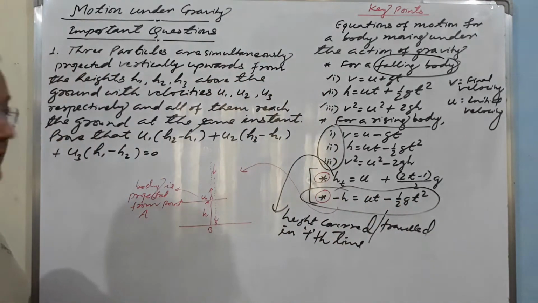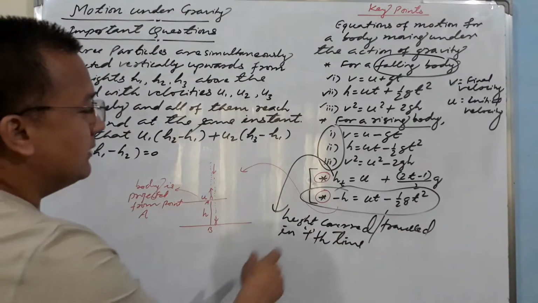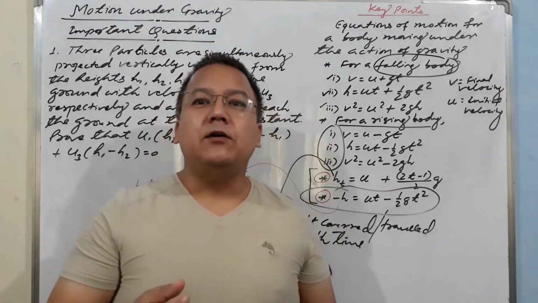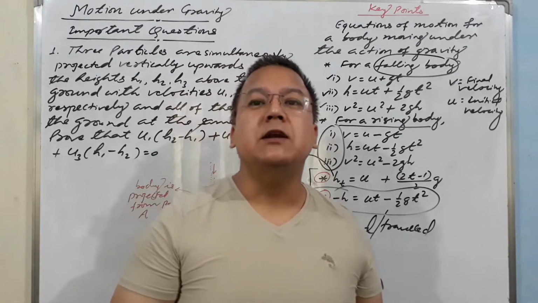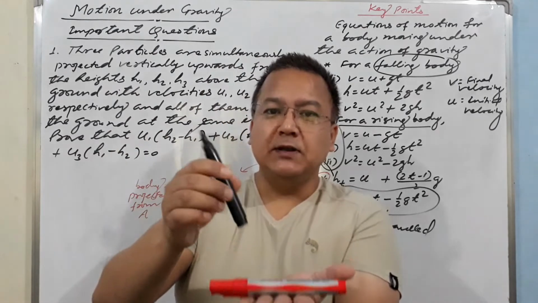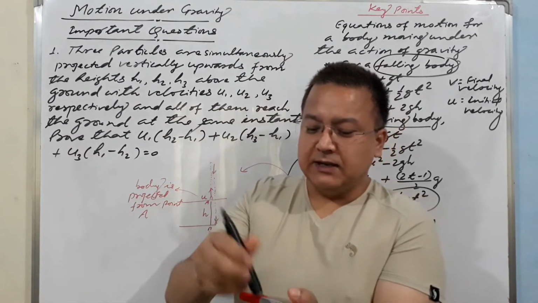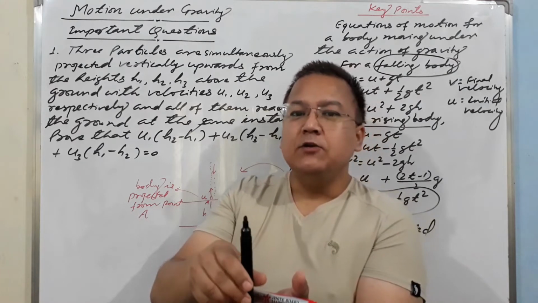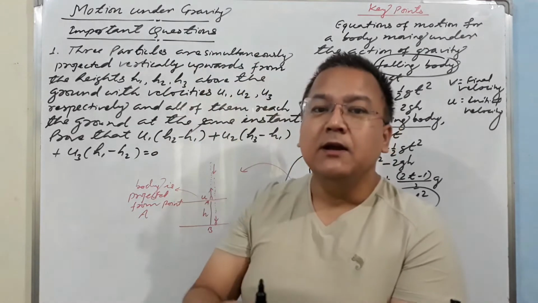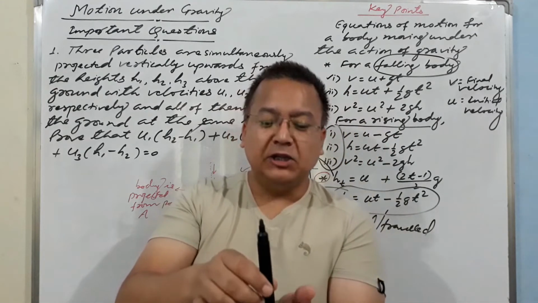So I made a diagram here, right? Actually, this formula we apply when you throw a body in the upward direction. Suppose this is the point of projection. You are projecting a body, it's no problem, we can handle it with any one out of 3 equations, right?